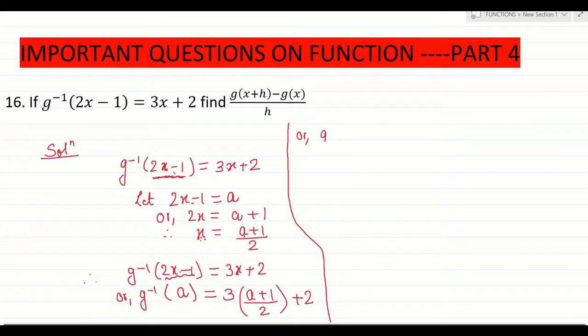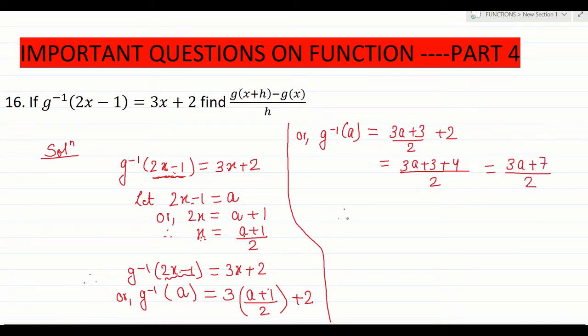Let's simplify the right hand side. We are getting (3a plus 3) over 2 plus 2. Let's take LCM. It is (3a plus 3 plus 4) over 2, which equals (3a plus 7) over 2. So therefore g inverse a is equal to (3a plus 7) over 2.